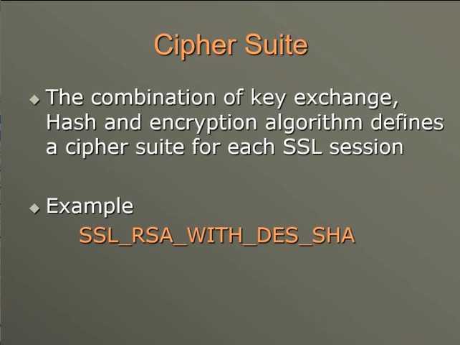Then the word with is used to separate the key exchange algorithm from the encryption and the hash algorithm. So here DES is the encryption algorithm and SHA is the hash algorithm to be used. So this is the cipher suite which is negotiated between 2 communicating parties for a particular SSL session, where RSA is the key exchange algorithm, DES is the encryption decryption algorithm, and SHA is the hash algorithm.